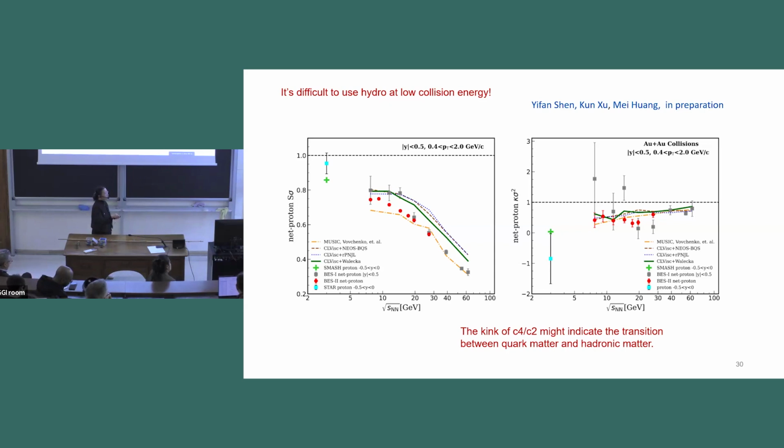Above this kink, the trend is decreasing, but below this kink, the trend is increasing, right? So this kink structure might indicate that below it the system is described by hadronic degrees of freedom, and above it the system is described by quark degrees of freedom.